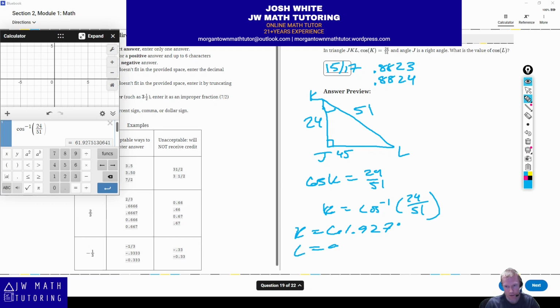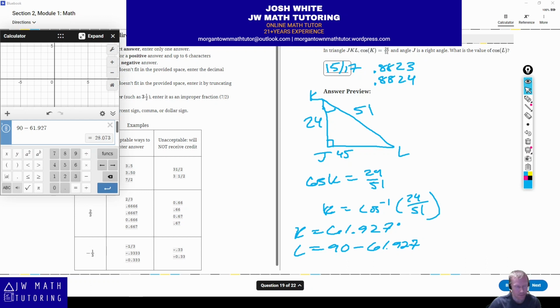That means L is just going to be equal to 90 minus that. So we can just do 90 minus 61.927. Okay, L is 28.03. And then we could just take the cosine of that.